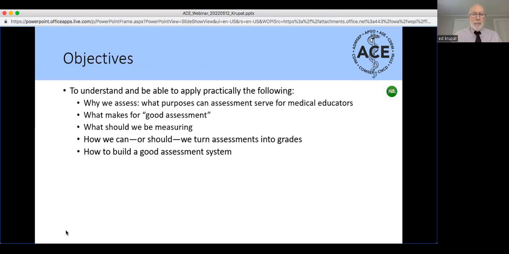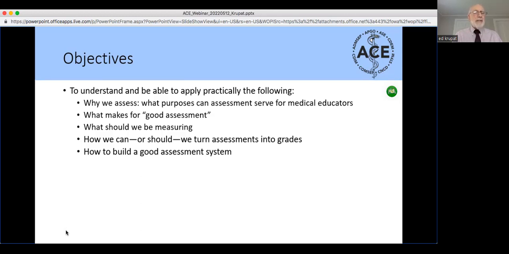So I have several objectives today. I want you to be able to understand and be able to apply practically a whole batch of things. First of all, the question of why we assess in the first place. What purposes can assessment serve for you, for us as medical educators? Second question is, what makes good assessment? Because people often find assessment problematic.